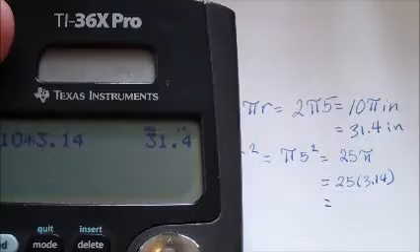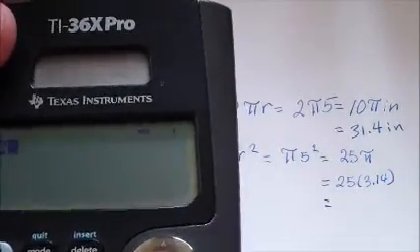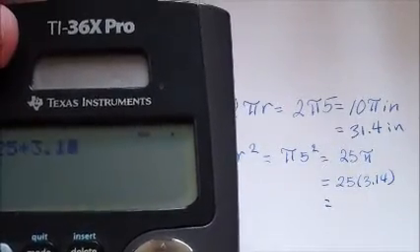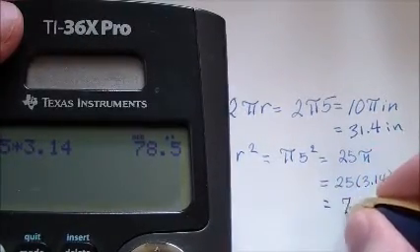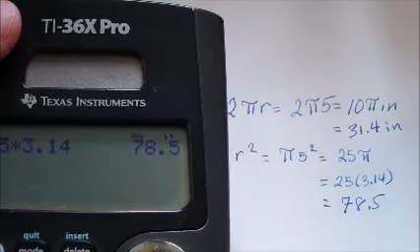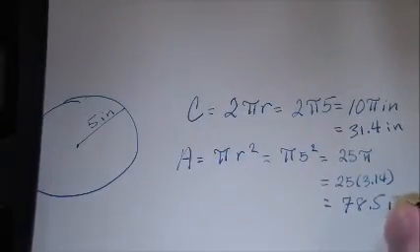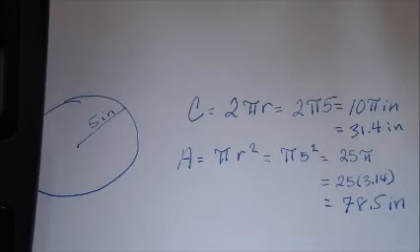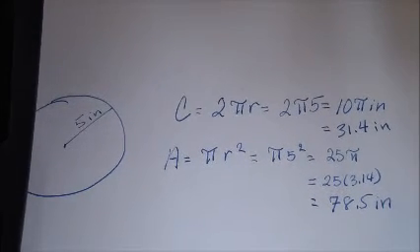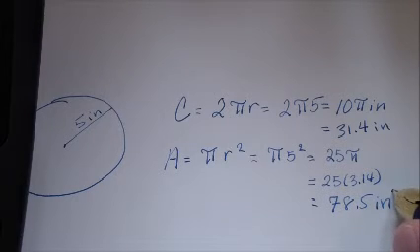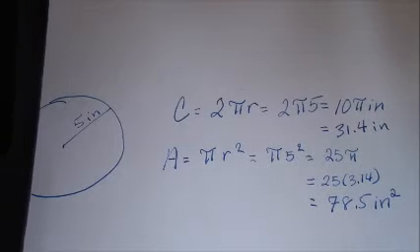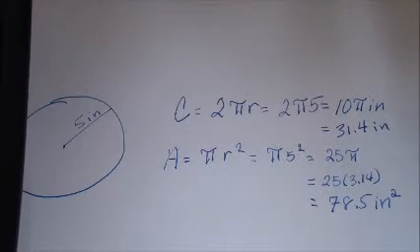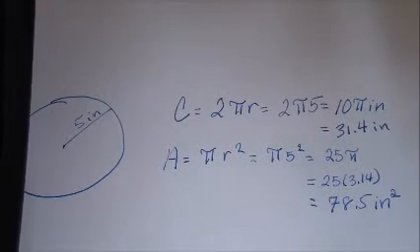And again, we use our calculator. 25 times 3.14 is 78.5. Now here again we're in inches, but the only difference is we're dealing with area, so that's inches squared. So we're thinking about two-dimensional space as opposed to one-dimensional space. Okay.